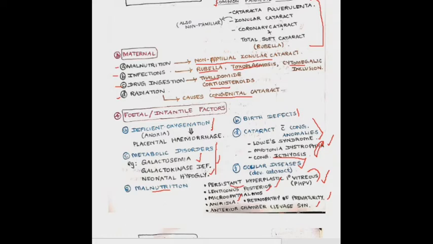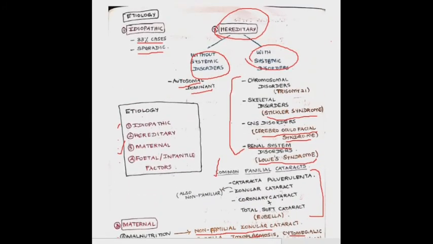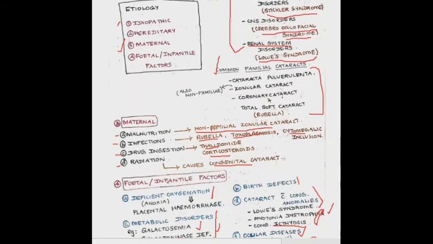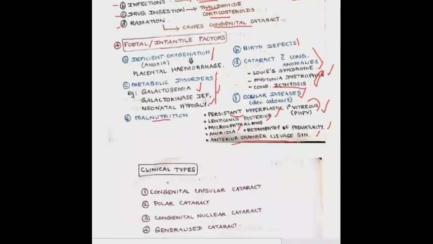Microphthalmus, which is a small eyeball. Then aniridia, absence of the iris. Then retinopathy of prematurity and anterior chamber cleavage syndrome are rarely associated with cataract. This is the etiology of congenital cataract. It includes idiopathic, hereditary, maternal, and fetal infantile factors.